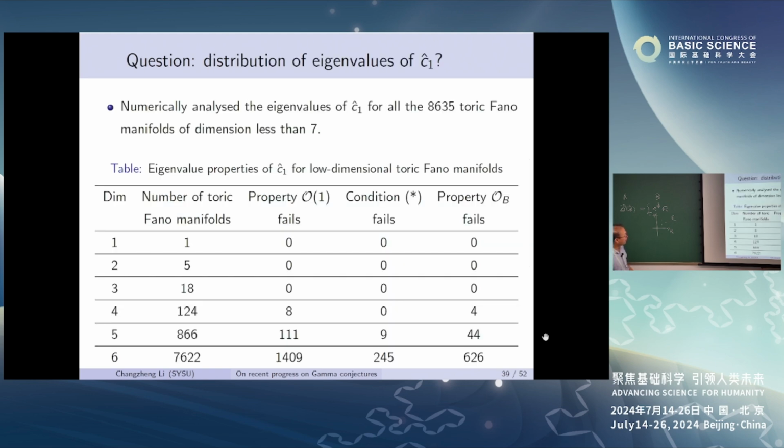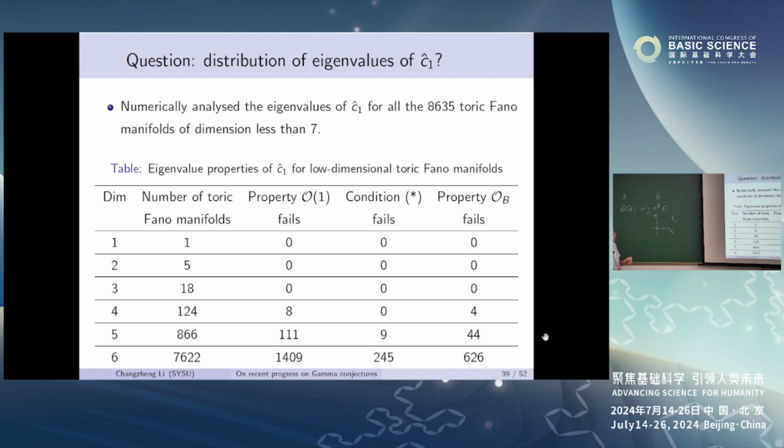Now we see some data. For toric Fano manifolds, there's a web page which gives us information on the data of toric Fano manifolds of dimension less than 7. Once we know the generators of the one-dimensional rays of the fan of the toric Fano, we can write down the superpotential.